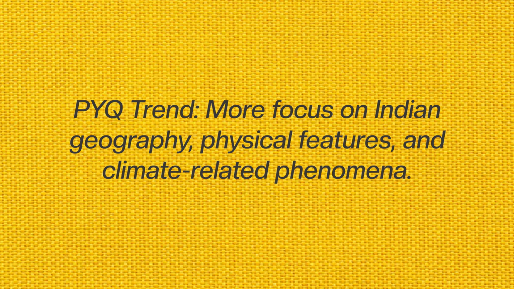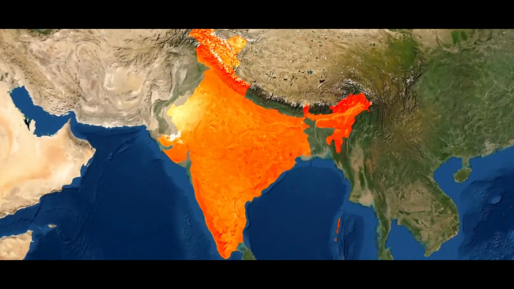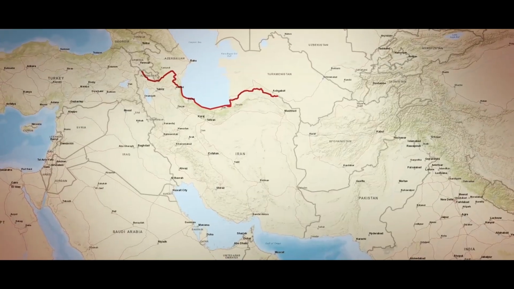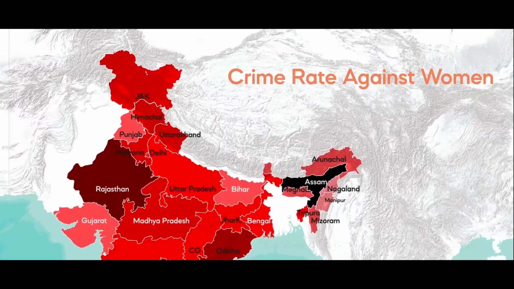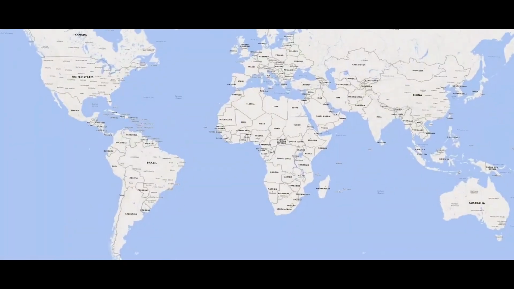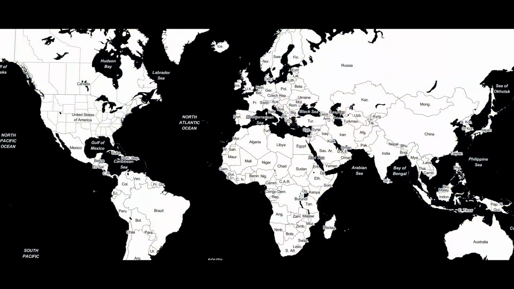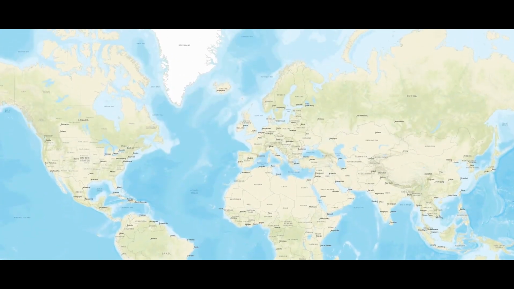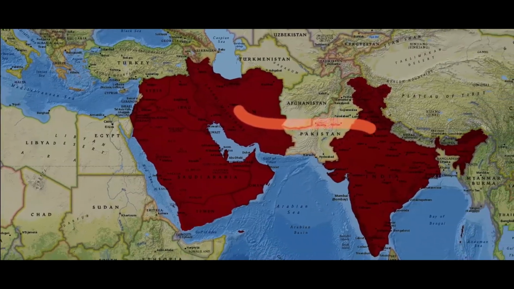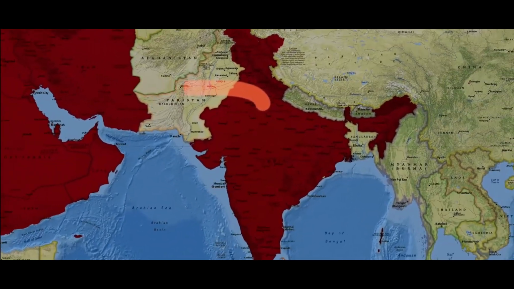PYQ trend: more focus on Indian geography, physical features, and climate-related phenomena. How to approach: map-based learning, physical geography plus location-based current affairs. Conceptual clarity on climatic patterns, that is the monsoon system and disaster-prone areas. PYQ analysis to understand recurring trends.